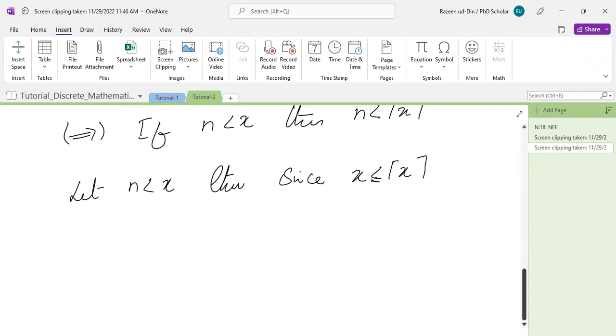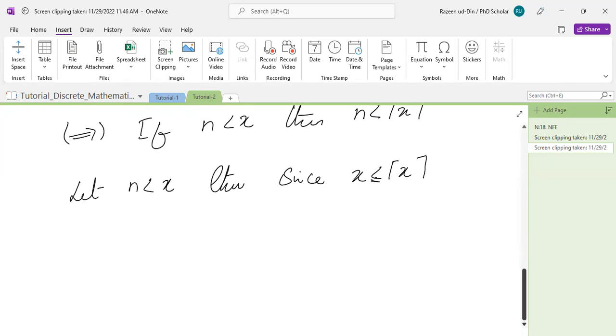Less than or equal. And this is again greater than n, right?